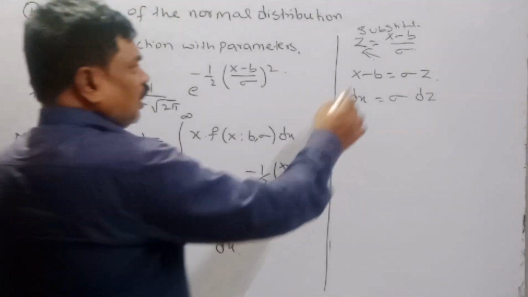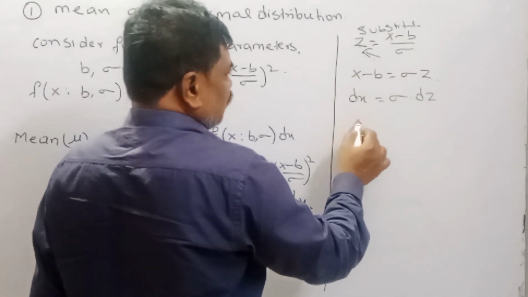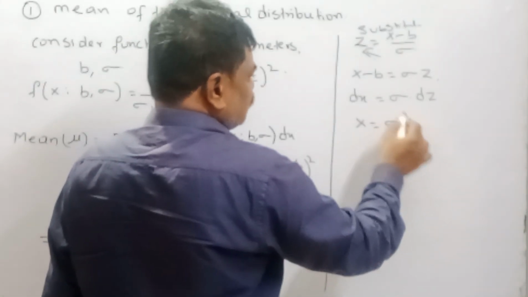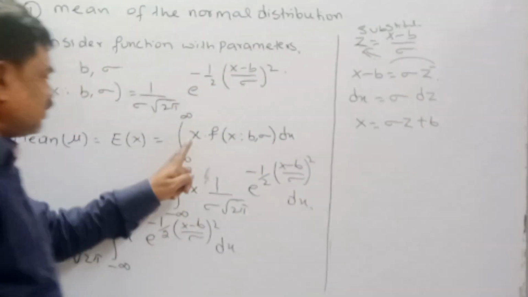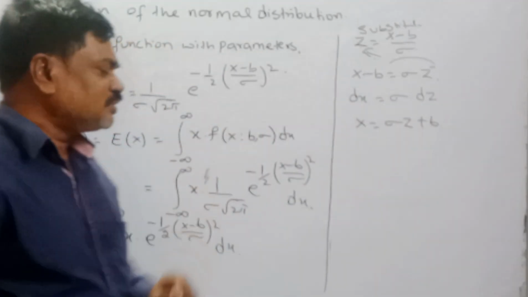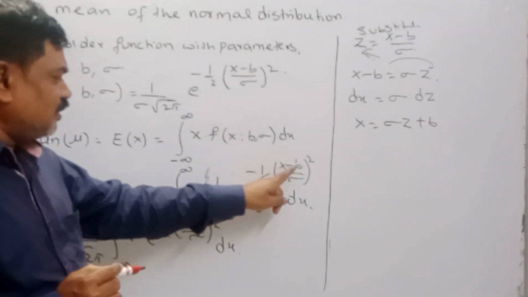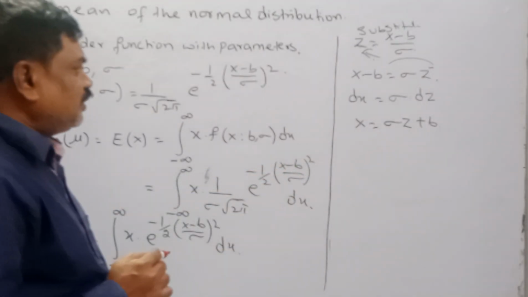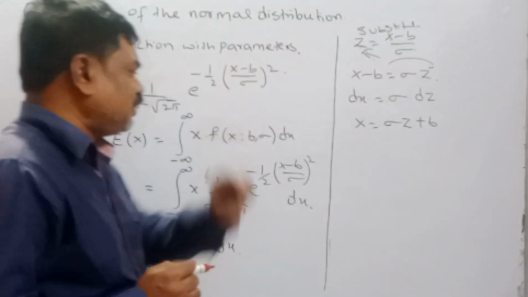Okay, all of you. And what is the x value? x is equal to sigma z plus b. By substituting, x minus b by sigma whole square is z square, and dx is equal to sigma into dz.